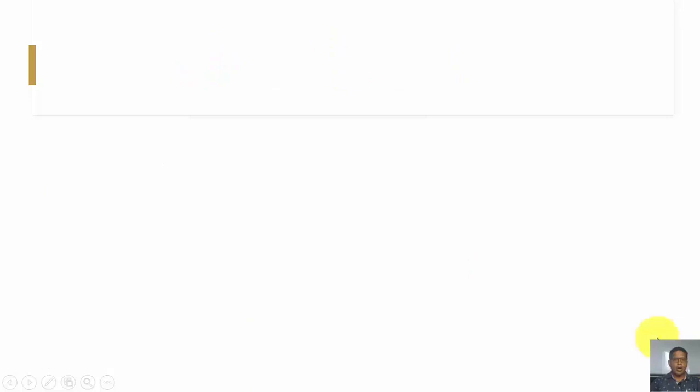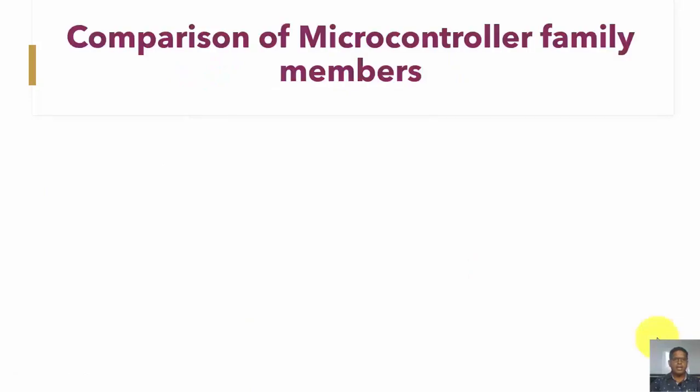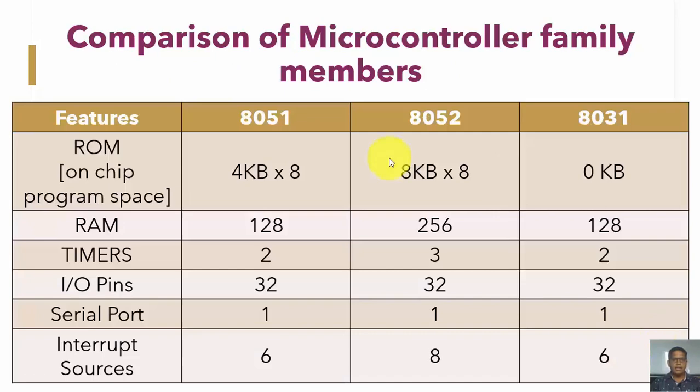When we talk about some basic microcontroller family members, these three ICs come into the picture: 8051, a conventional microcontroller, 8052 and 8031, a basic microcontroller. When we compare all these three versions on the ROM, that means the on-chip program space, in the case of the 8051 microcontroller, 4 KB memory is present.